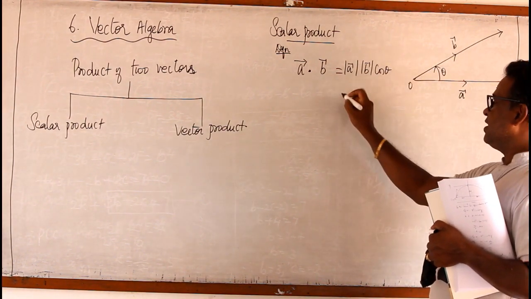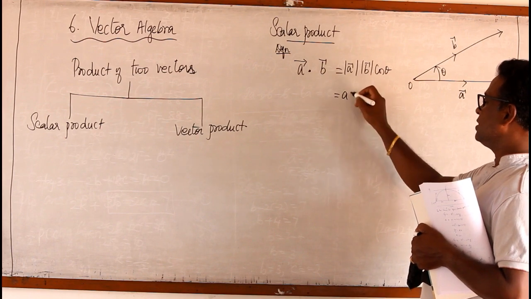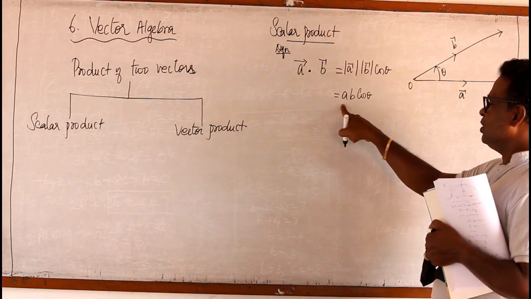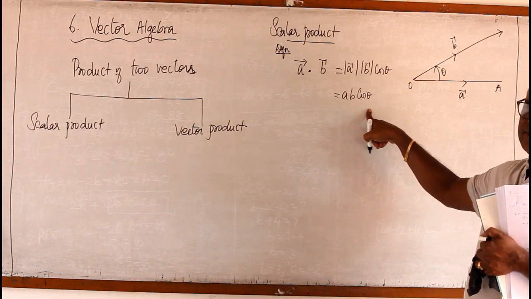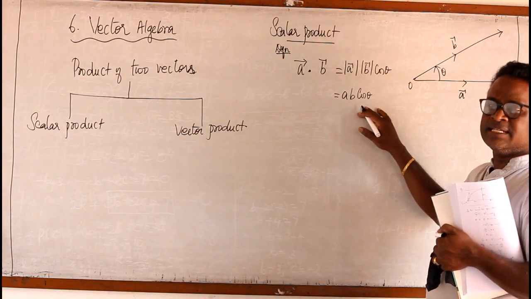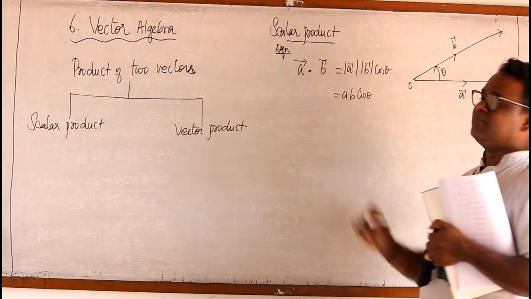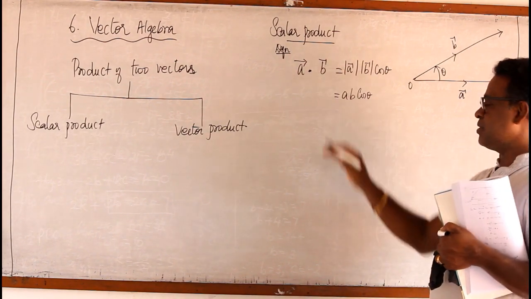See, modulus of A is an ordinary number, modulus of B is another number, and cos theta will be a number, so it ends in a numerical value. So it ends in a scalar, therefore it is called a scalar product. Since we use this dot symbol, we say it is a dot product.